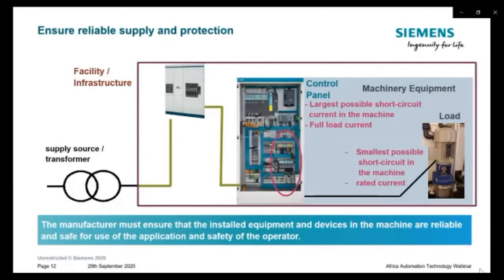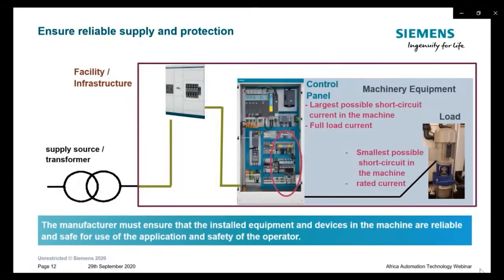The minimum short circuit current, however, is relevant to ensure the safety of the people operating or maintaining the machinery equipment in terms of electrical faults, by ensuring a sufficiently short disconnecting time. The manufacturer must ensure that the installed equipment and devices in the machine are reliable and safe for the use of the application and the safety of the operator. That's the mandatory requirement.